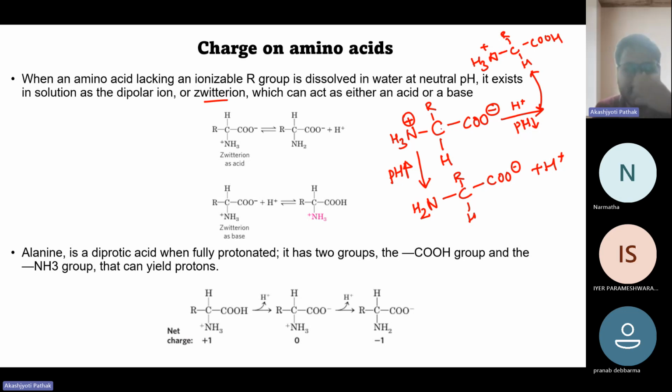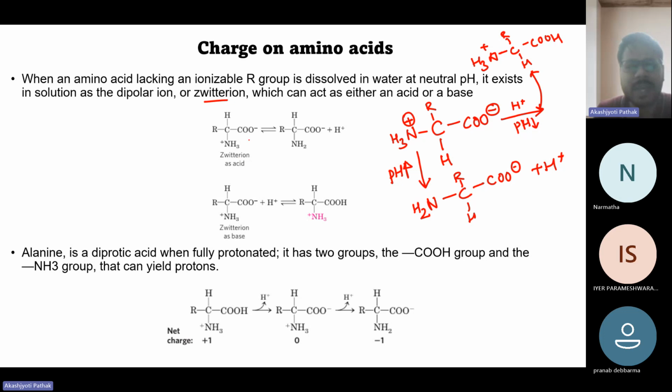So that is why a Zwitter ion or a dipolar ion can act either as an acid or a base. It will act as an acid if it loses its proton, and it will act as a base if it accepts a proton, and the carboxylate ion gets converted into a carboxyl group. That is what is shown here.